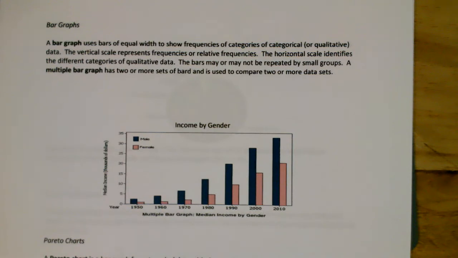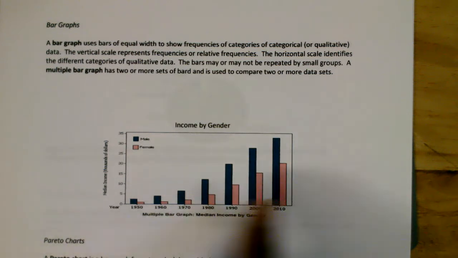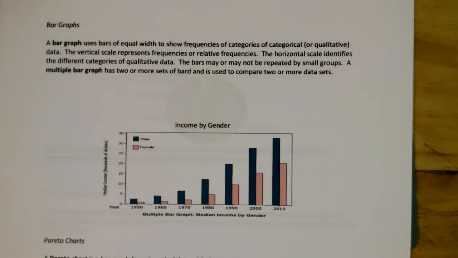Okay. The vertical scale represents frequencies or relative frequencies. The horizontal scale identifies the different categories of qualitative data. The bars may or may not be repeated by small groups. A multiple bar graph, like this one that you see here, has two or more sets of bars and is used to compare two or more data sets.